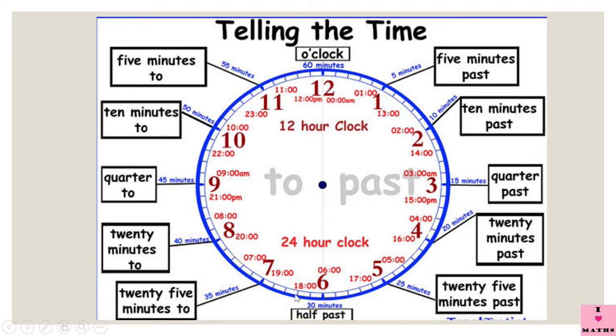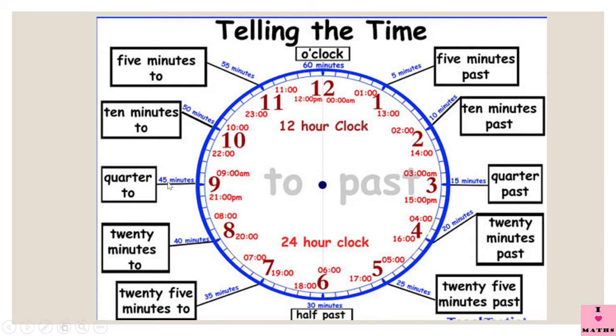Now, if the minute hand reaches 9, it means the minute hand has traveled 3/4 of the clock. See, starting from 12, the minute hand has traveled 3/4 of the clock and only 1/4 is left.